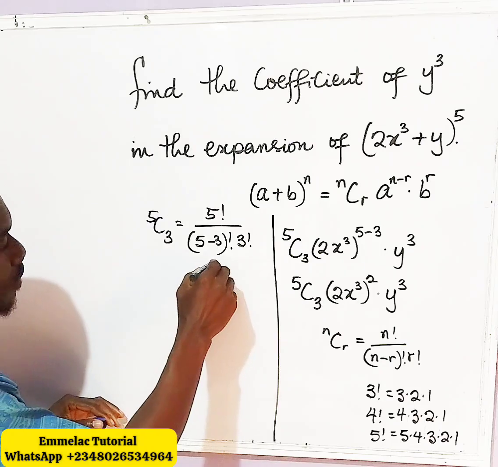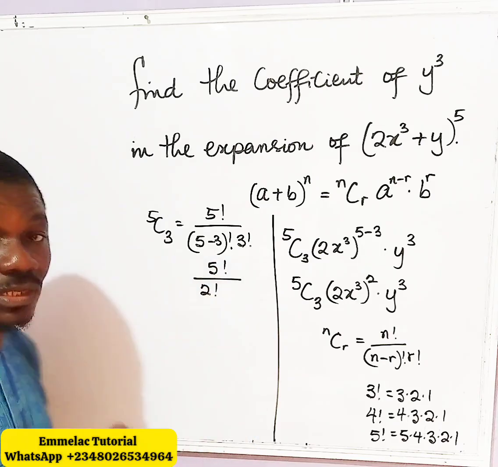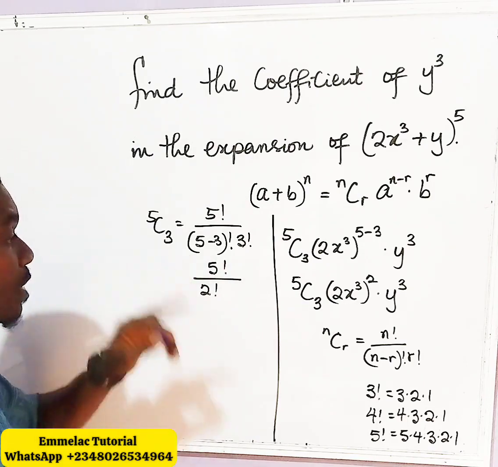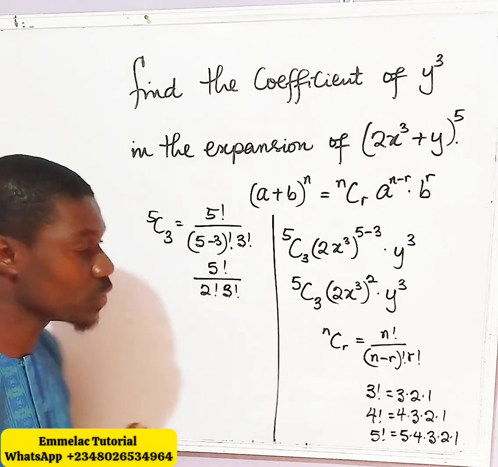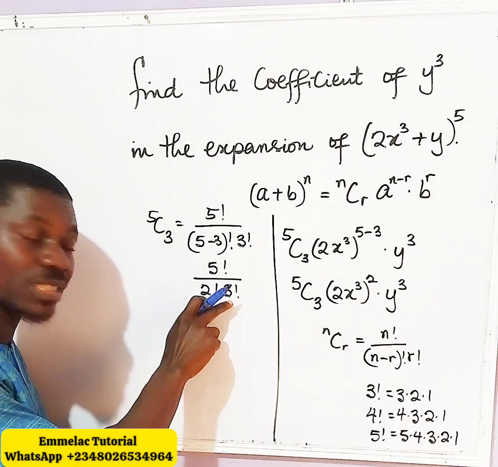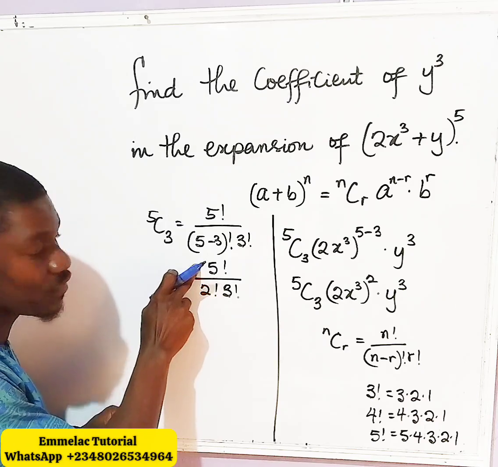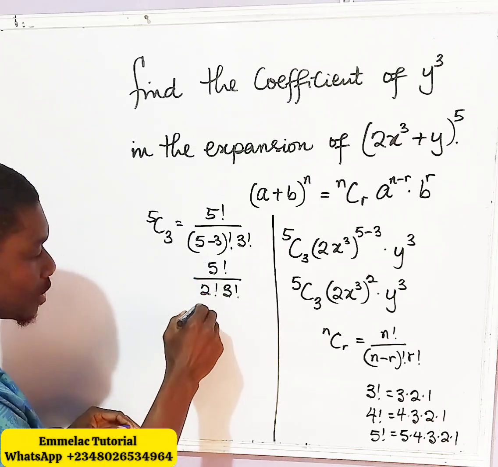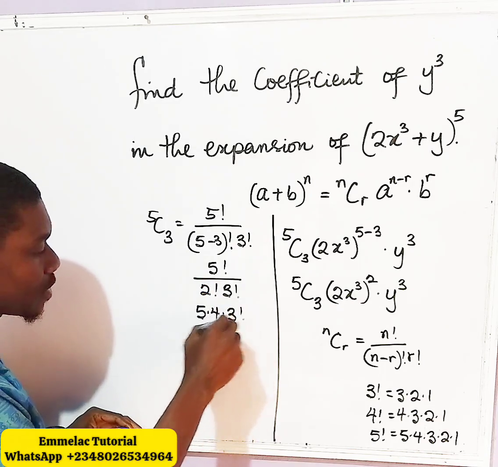Now this will give us 5 factorial over 2 factorial, because 5 minus 3 is 2, then 3 factorial. A simple way to do it is, since 3 factorial is the highest factorial in the denominator, let us reduce 5 factorial to 3 factorial. So here you have 5 times 4 times 3 factorial.